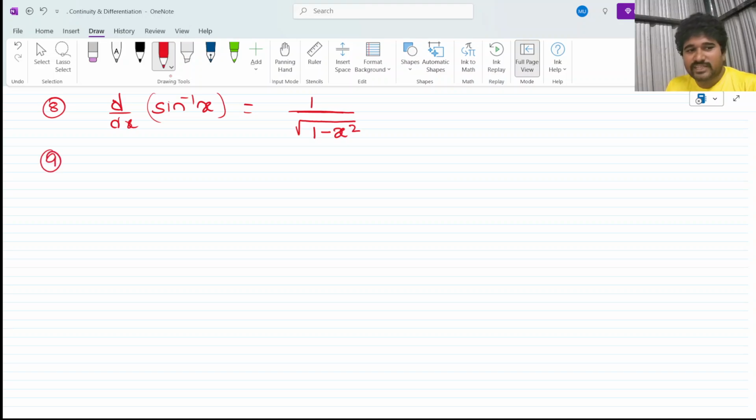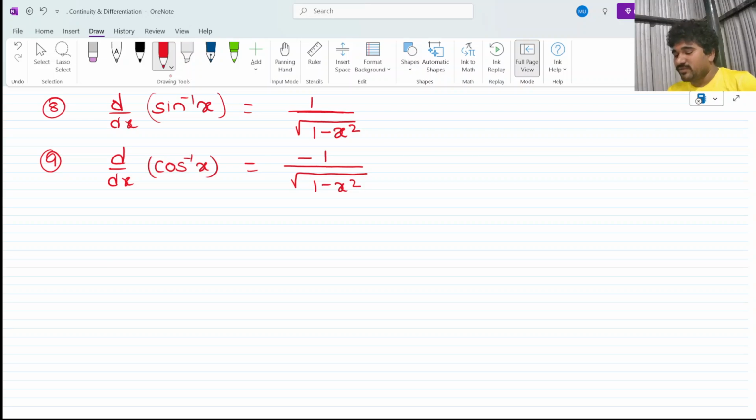Guess who is that next guy? d by dx of cos inverse x is minus 1 by root of 1 minus x square. Understand? Next, 10th formula.